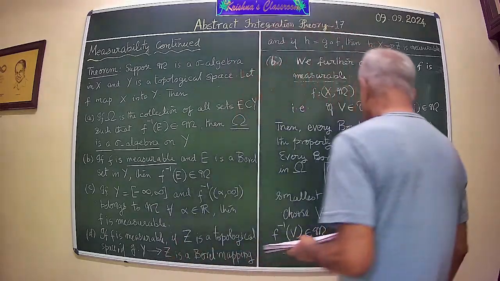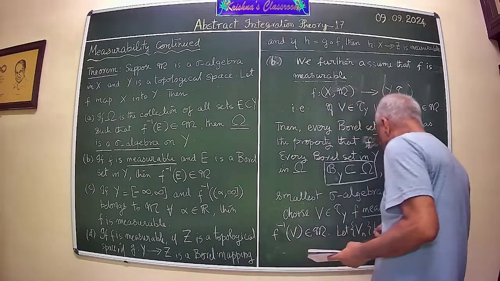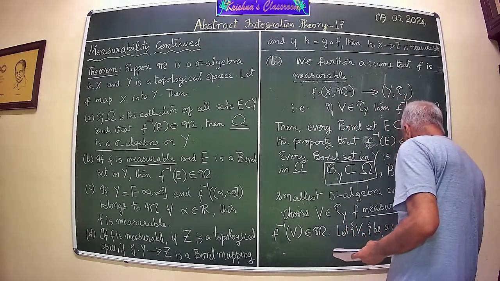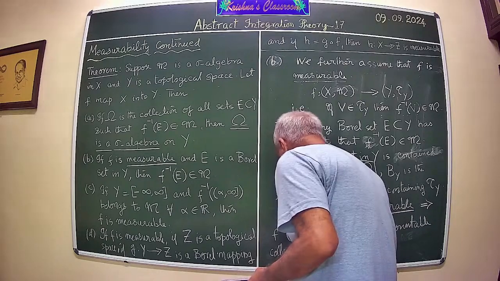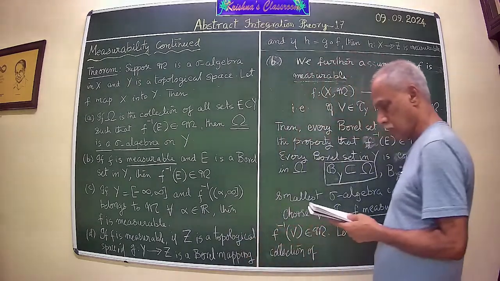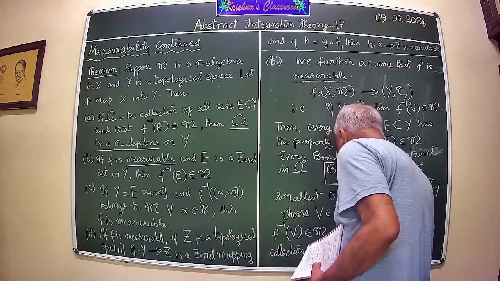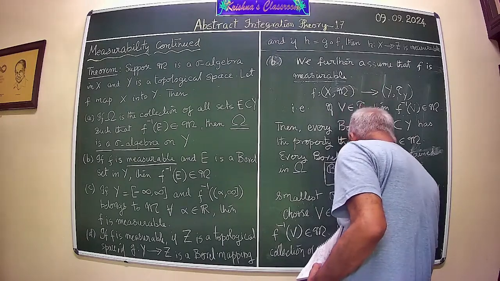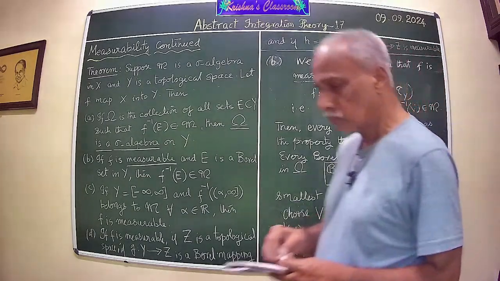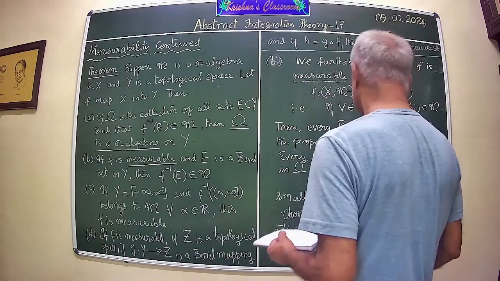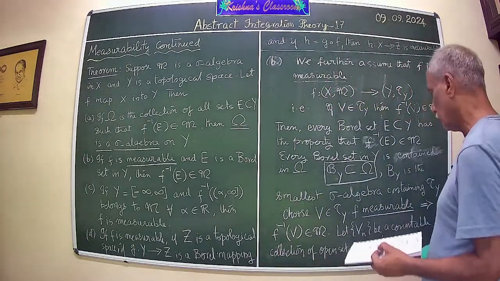Now let us take a countable collection of open sets in Y. That means elements of tau Y. We prove that their union is also in omega.